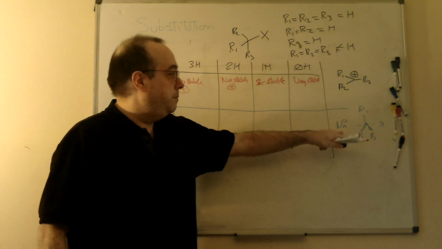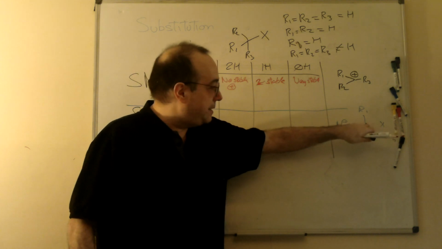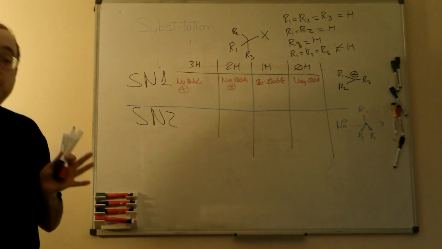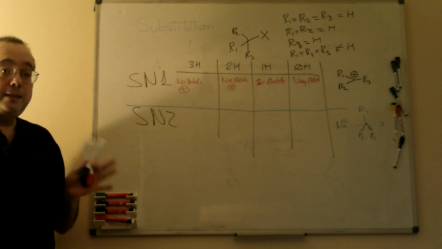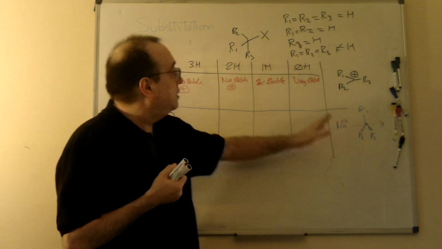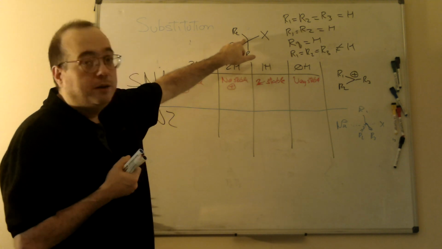We form this bond between the nucleophile and the carbon at the same time that we are breaking the carbon-halogen bond. Okay, this is the key. Then, what is important? Well, the nucleophile has to arrive to make the bond. The pair of electrons of the nucleophile has to arrive at the carbon.